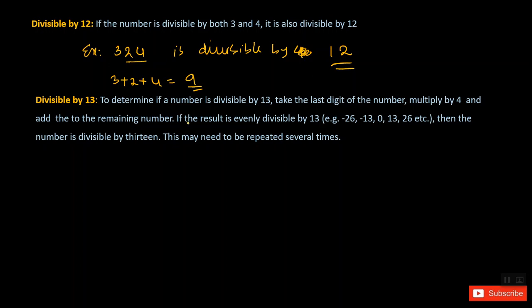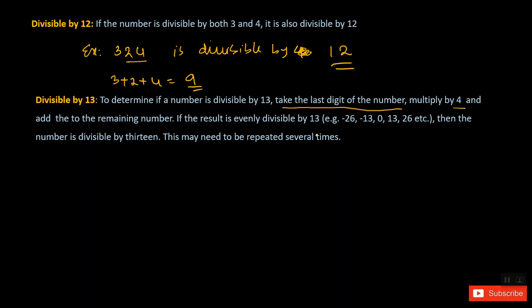To determine if a number is divisible by 13, take the last digit of the number, multiply that number by 4 and add it to the remaining number. If the result is evenly divisible by 13, or is a multiple of 13, then the number is definitely divisible by 13. This may need to be repeated several times if the number is larger.